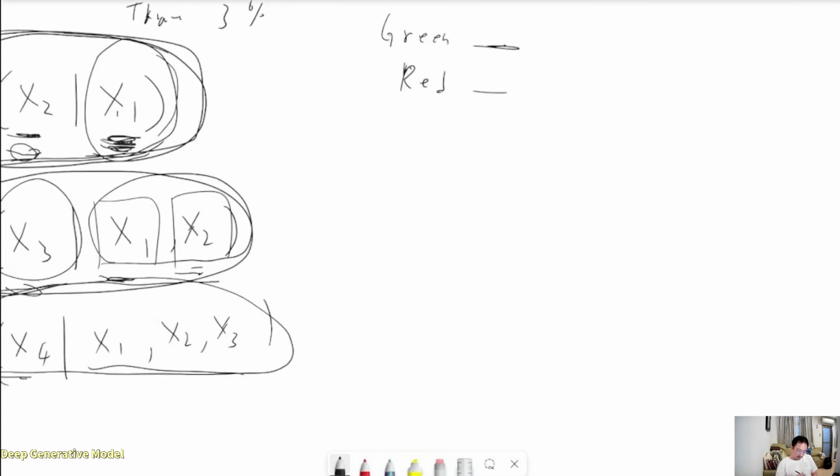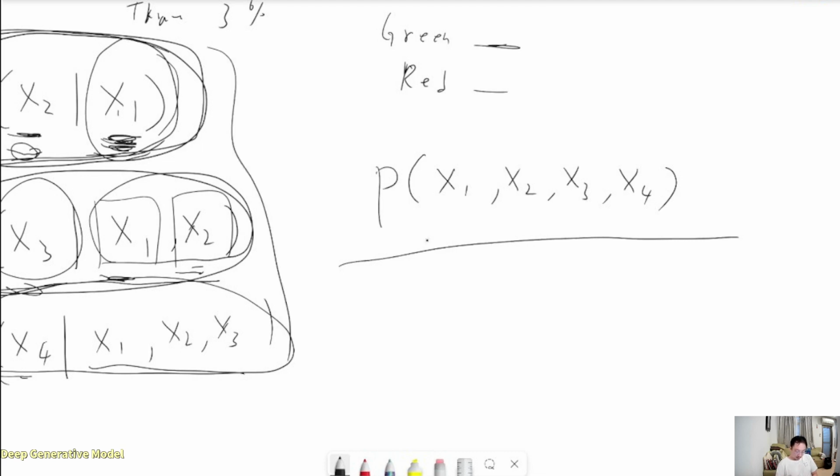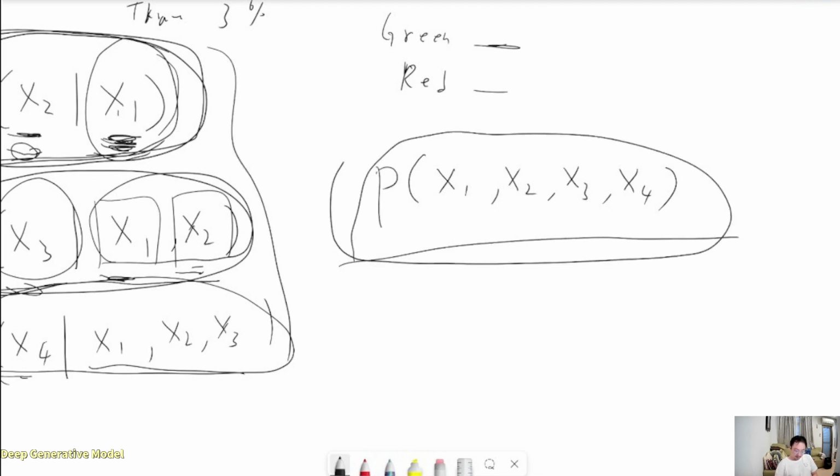Then we have full information about what the joint probability p(x1, x2, x3, x4) is. So by having all these four, the first one is not really conditional, but most of them are conditional probabilities, we can have the full information about the joint probability distribution.